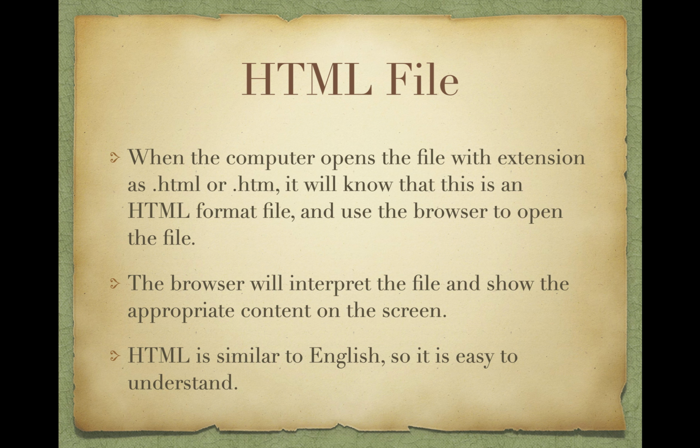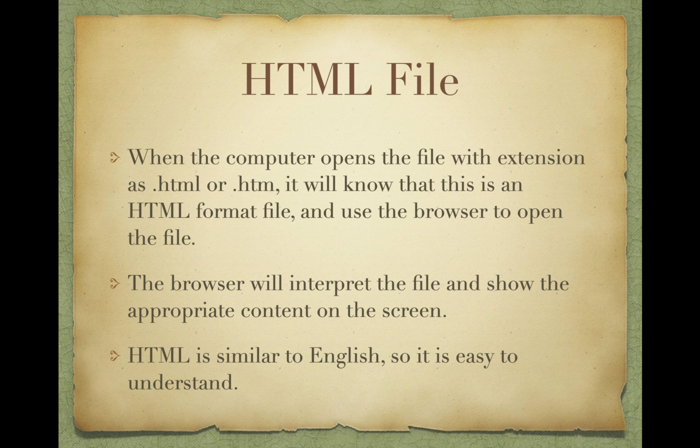Okay, so this is the way to show the web content on your screen, because we use the tags to describe where to put each web component. For example, I want to put a paragraph at the top of the web page, followed by an image, then a video, and then a paragraph again.